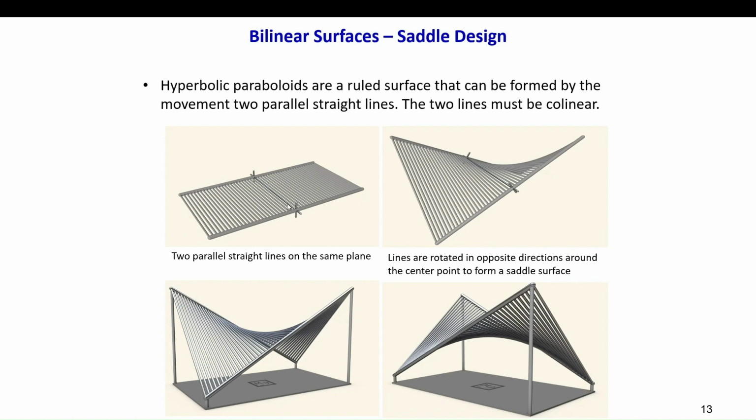There's a midpoint here, and if you rotate the straight lines on both ends on opposite sides, so one going down, the other one going up, it will form a saddle. And to illustrate this, the image is rotated slightly so that you can see the curvature. And lastly, it is rotated further, and you actually get that saddle design that was shown on the previous slide.